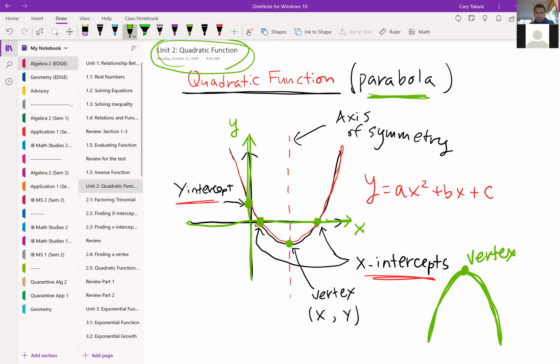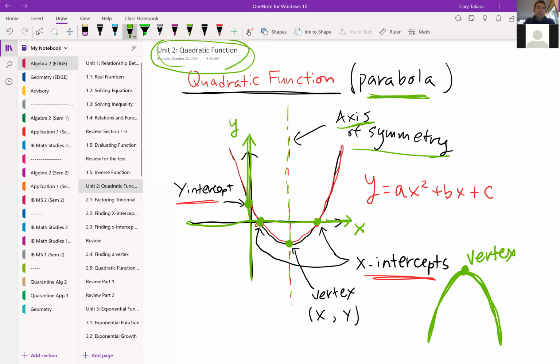And then lastly, this halfway point, the line or imaginary line, the vertical line that will split the parabola right in half, it is called the axis of symmetry. Okay.